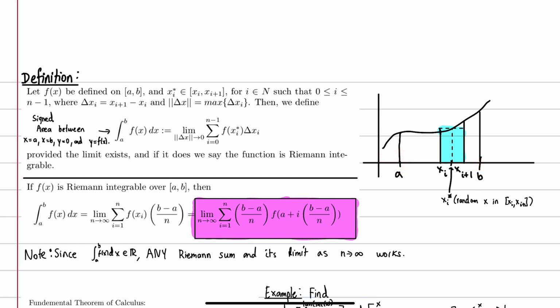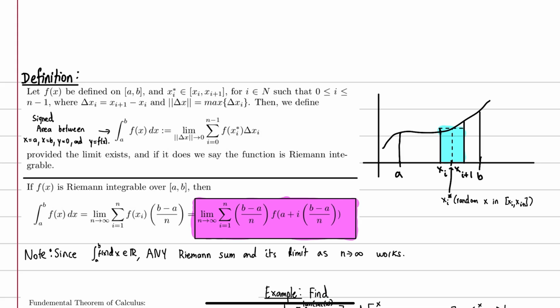And delta x sub i is just this width right here, x sub i plus 1 minus x sub i. Finally, the norm of delta x, which is the norm of the partition, which is this double absolute value delta x, something like that, is just the maximum of all the delta x sub i's.